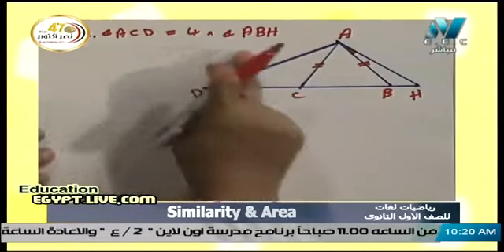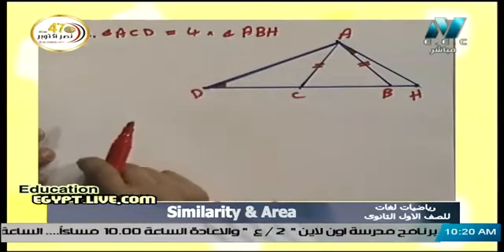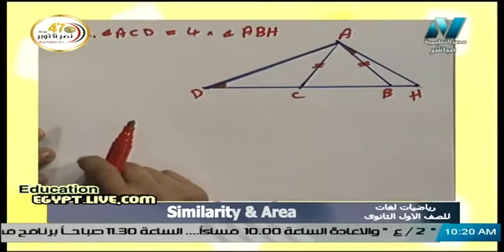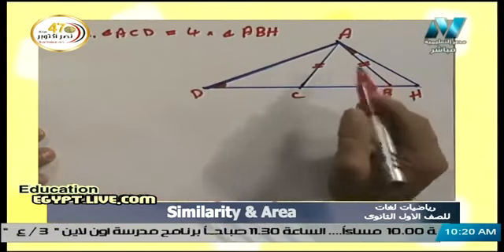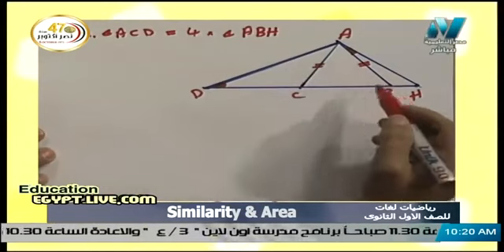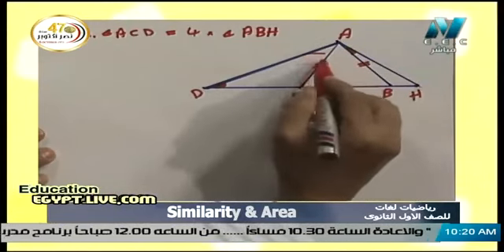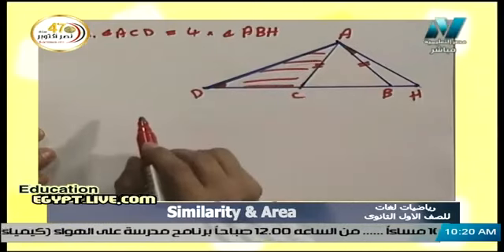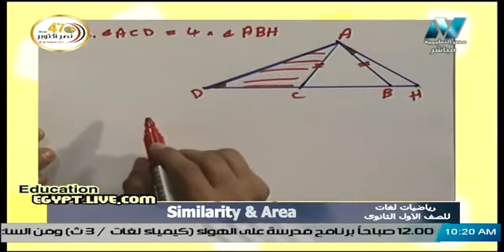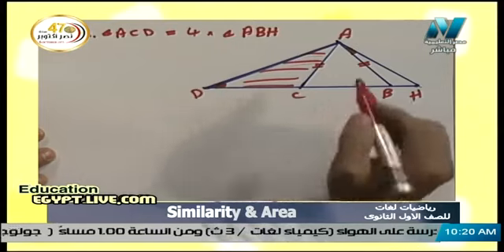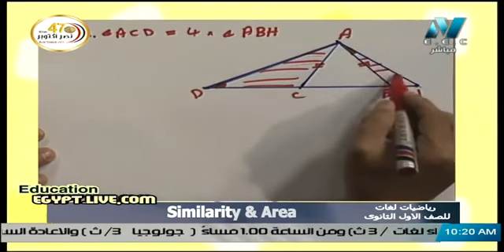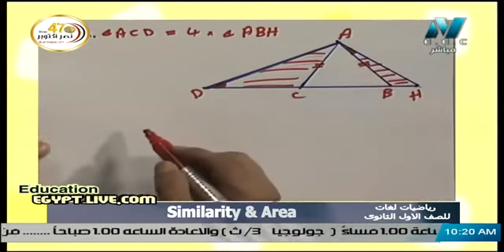We have now a relation between the areas. Where is the triangle ACD here? ACD is this one, equals 4 times the area of triangle ABH, which is this triangle.